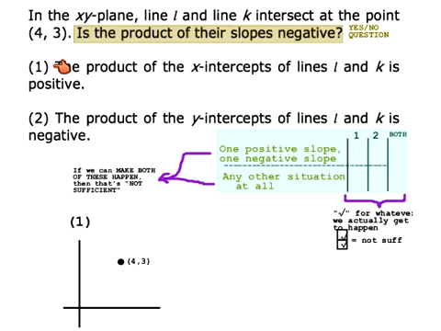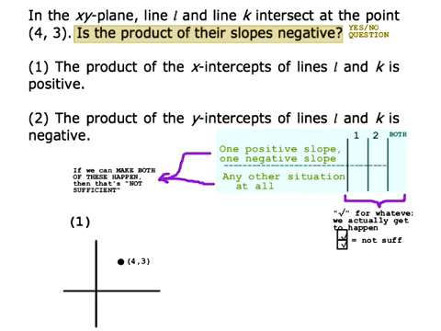So tell me, what does that mean? It means that, yeah, you have two x-intercepts that have the same sign.